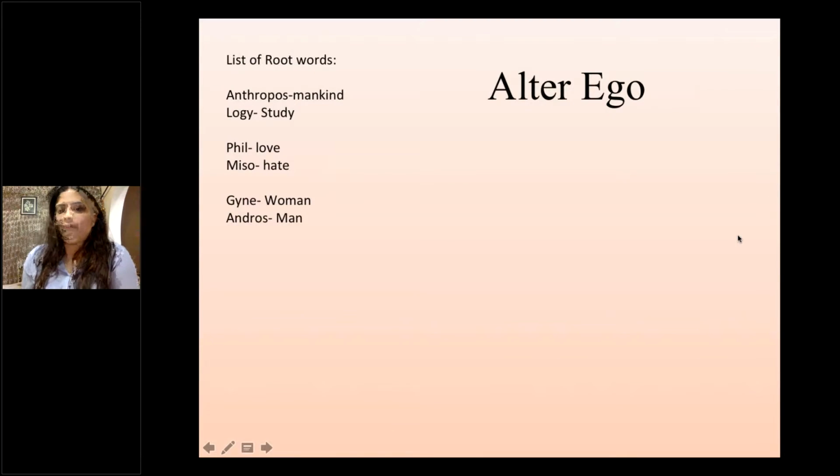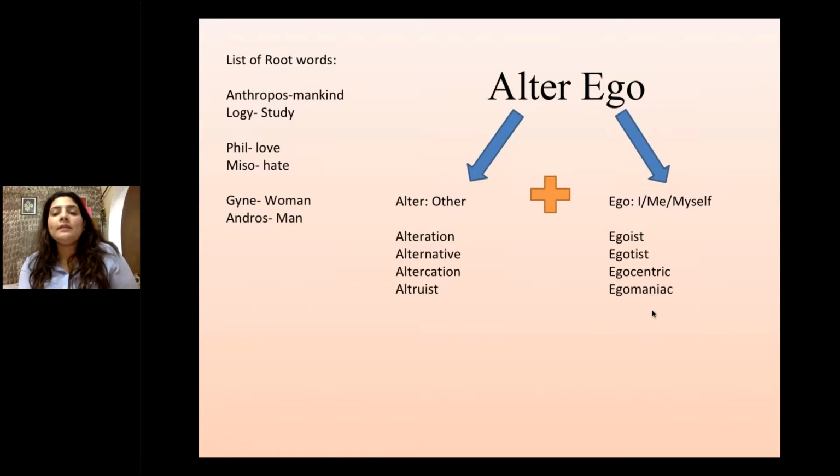No, Shweta, it's not self. See, what is ego? Yes, the meaning of ego is correct. Ego means self. What is alter? Anytime you see any word that has any usage of alter, alter means other. So, if I see the word here, alter means other and ego means self.